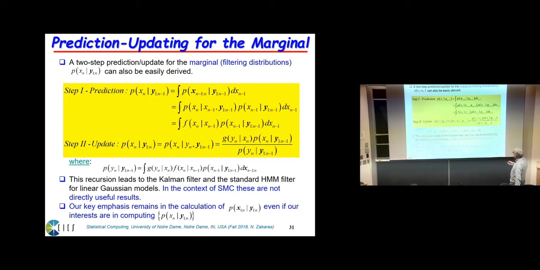And so the calculations basically are identical to what I had in the previous slide, right? So let me just give you the two steps here. The first step you will do is, given the data up to n minus 1, you will predict the state xn one step ahead, and this involves this integral that you see here.